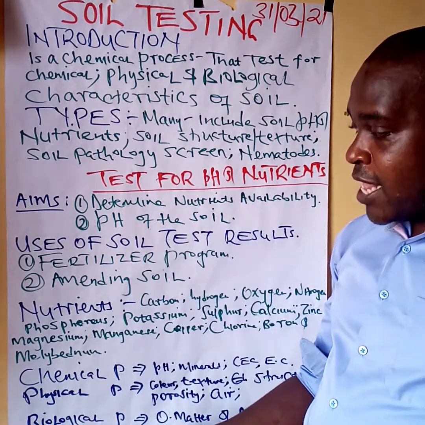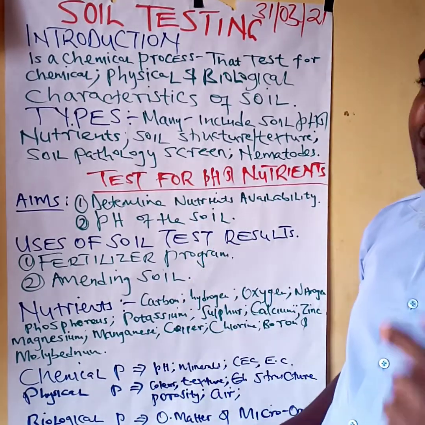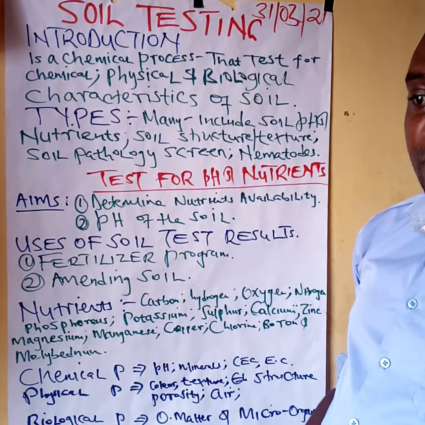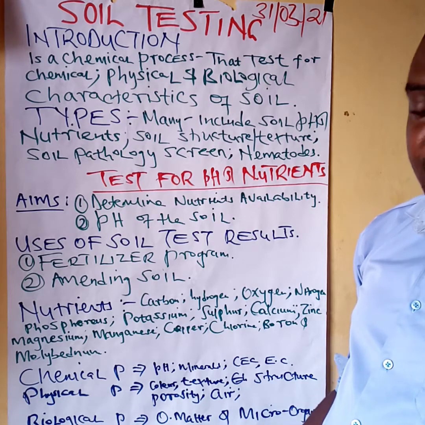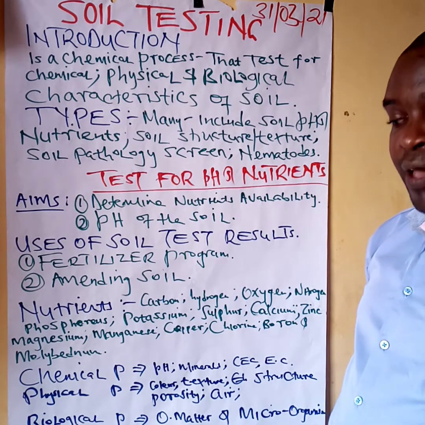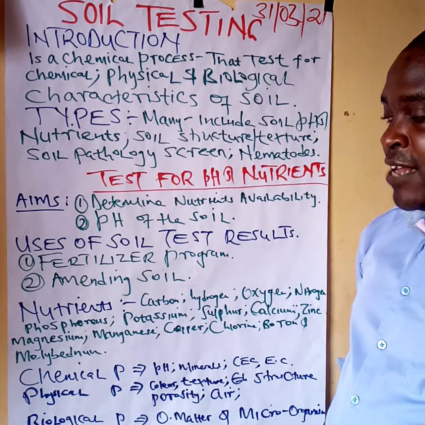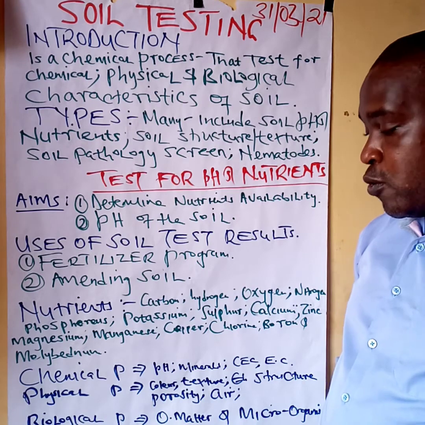In soil, we may have several nutrients available. Some may be heavy metals, like aluminium. Others are beneficial and needed by plants. A plant may need more than 16 nutrients for optimal growth.